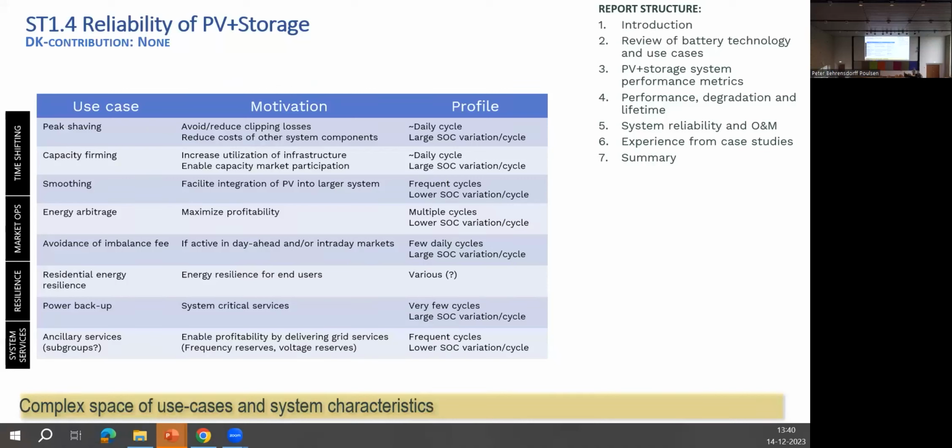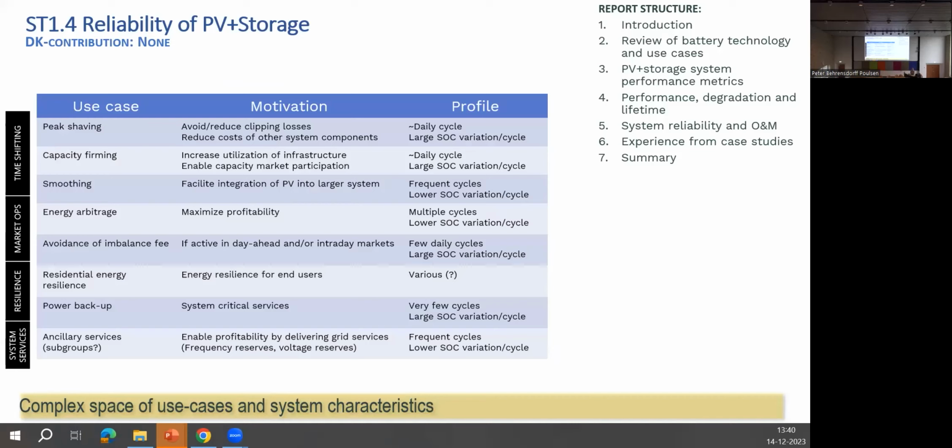Subtask 1.4 is about the reliability of PV and storage. So in this subtask, the discussion points, as you see up to the right, are about metrics, performance metrics. It's about degradation, and it's about reliability and operation and maintenance.